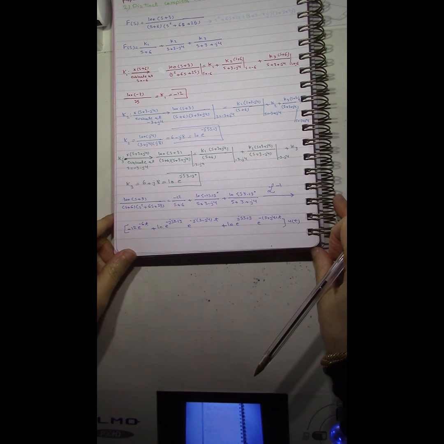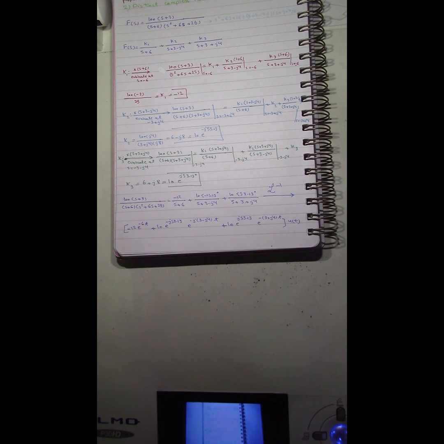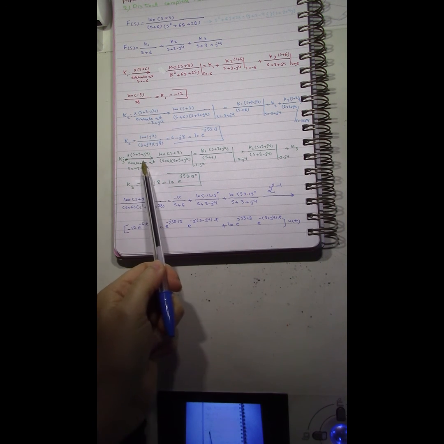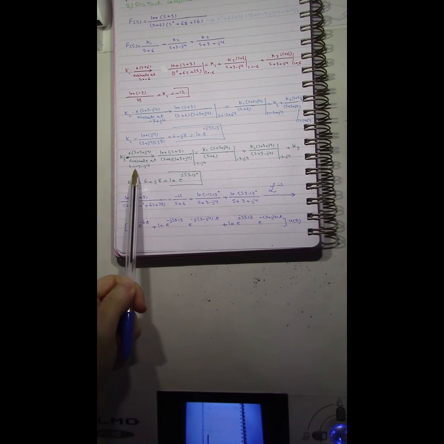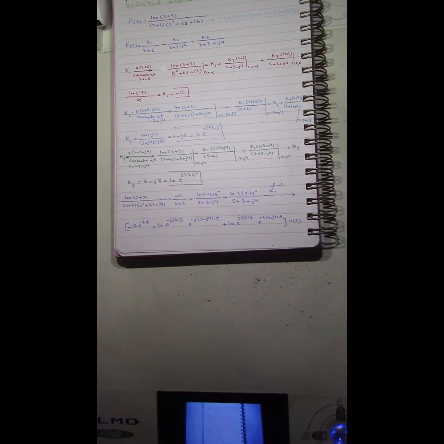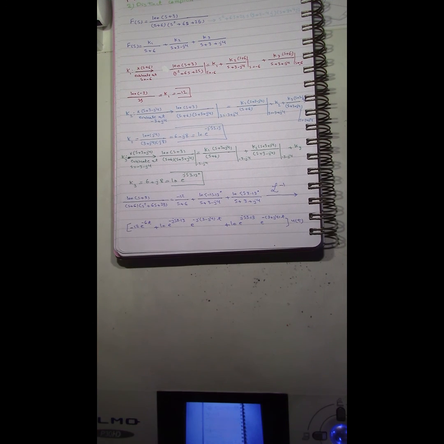And how about K3? Again, the same procedure: multiply by s plus 3 plus j4 and evaluate it at minus 3 minus j4. You will get the final value for K3.